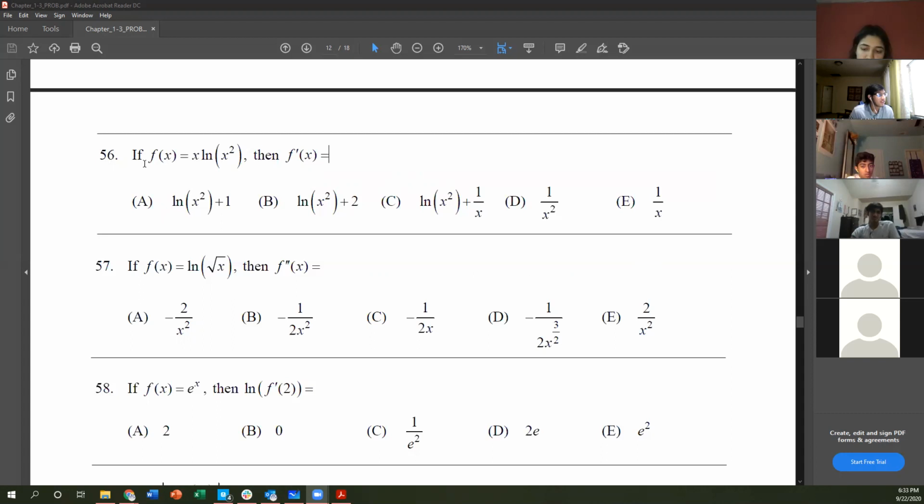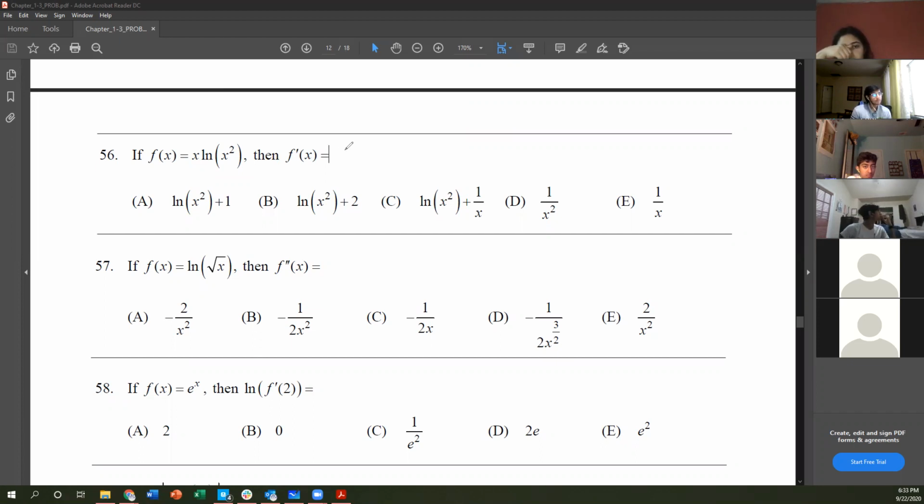The next one, f of x equals x times ln x squared. Who wants to try this one? Rishi, why don't you try this one? So first you would probably do the product rule.